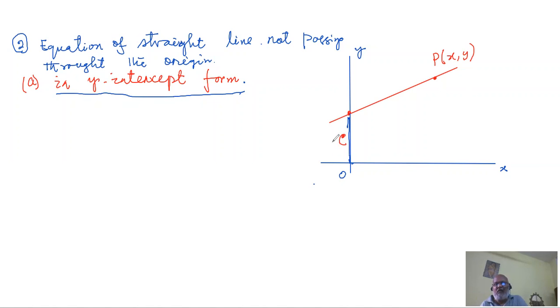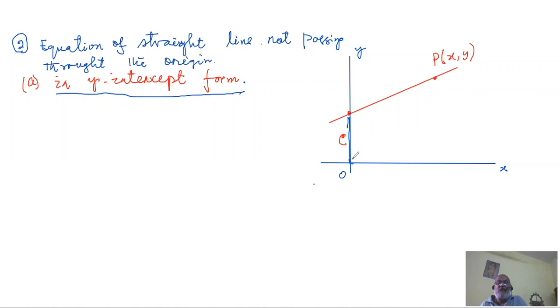Similarly, if the straight line cuts the x-axis, from the origin you take the position where it cuts the x-axis, that intercept is x-intercept. And here C is y-intercept. So thereby you know now the meaning of intercept.